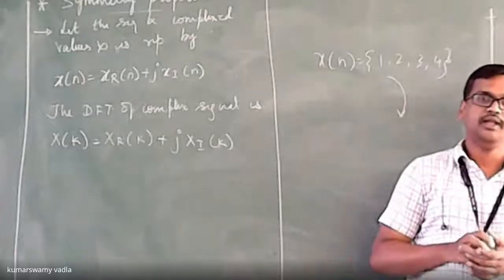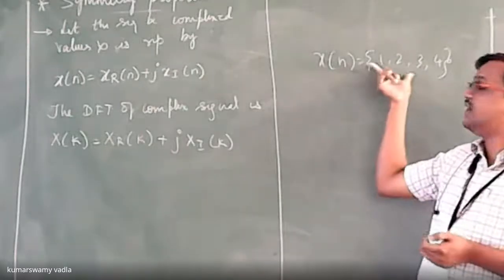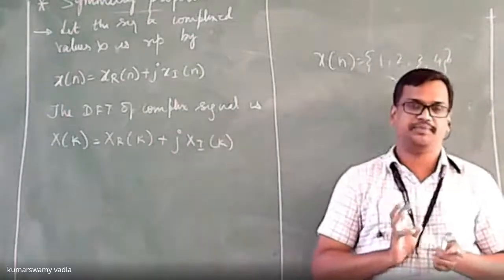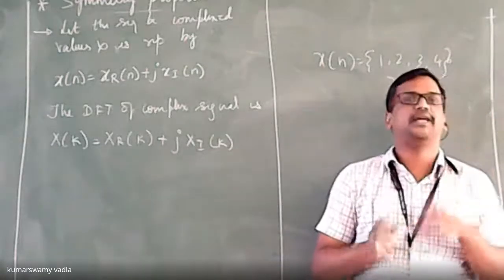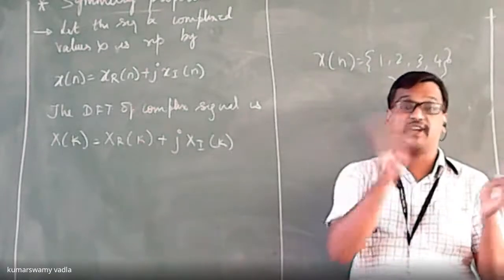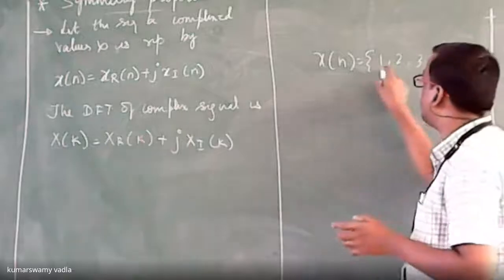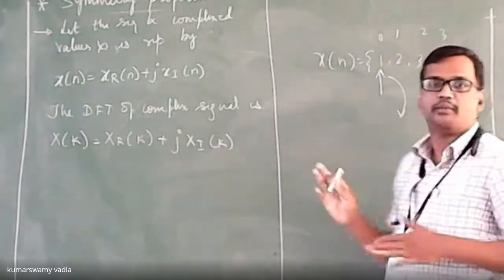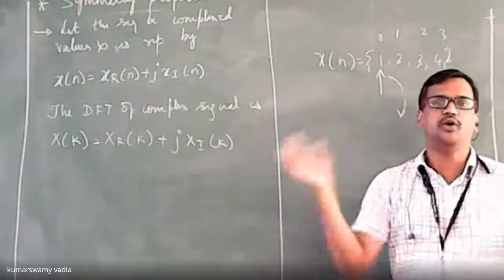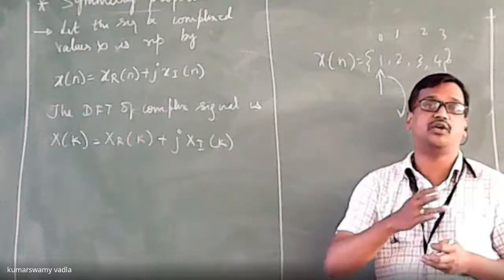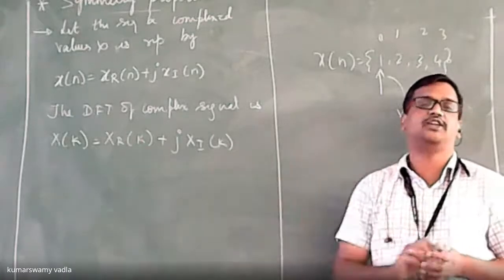This sequence is a real valued sequence, friends, because there is no negativity in that, no left hand side part. This becomes the origin, 0, 1, 2, 3, the right hand side positive part. You don't get to see x of 0, x of minus 1, x of minus 2 and so on.